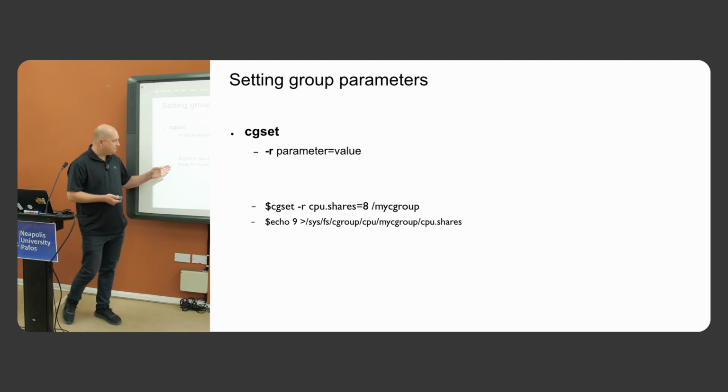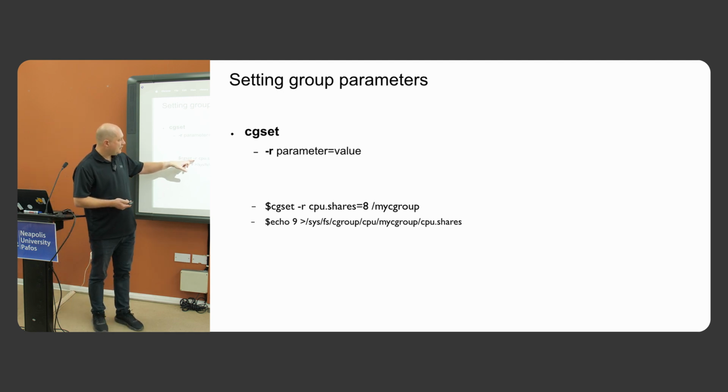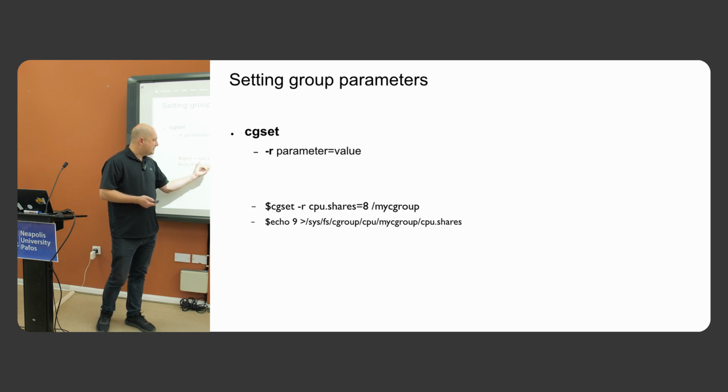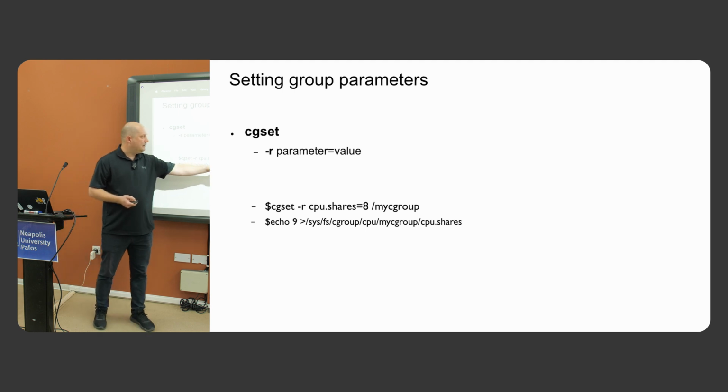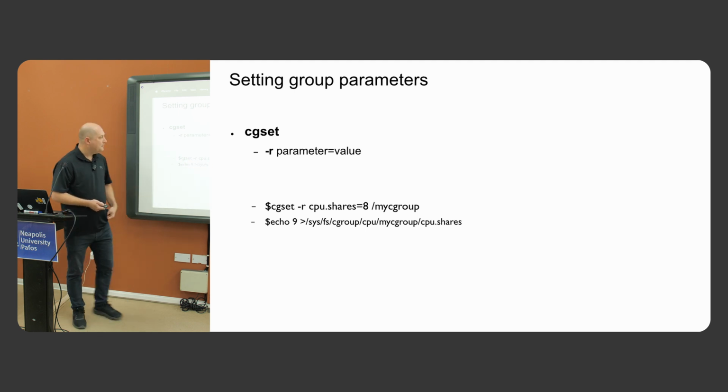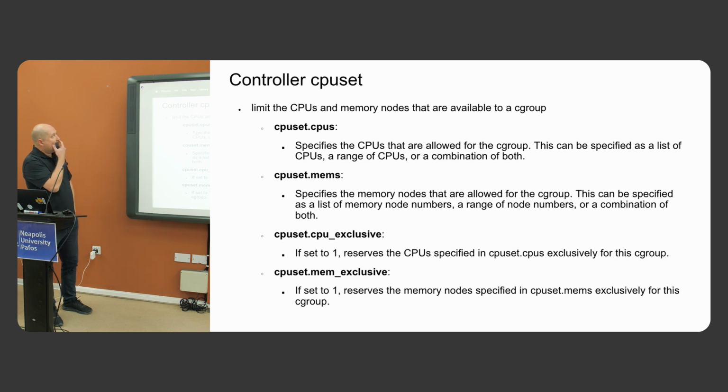For instance, here I'd like to specify that only 8 cores will be shared recursively in this group. CPU set, very nice.